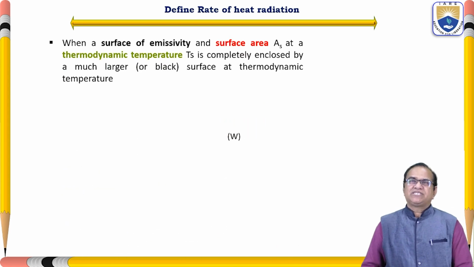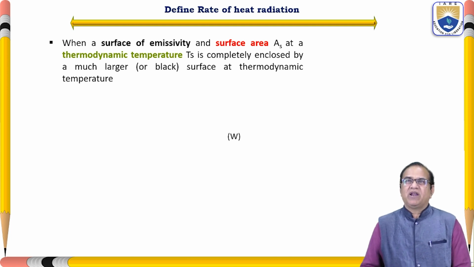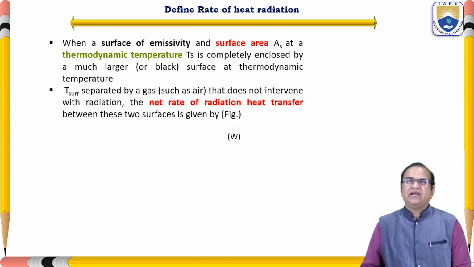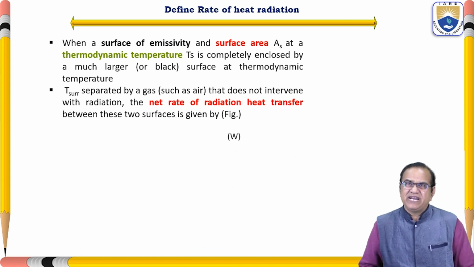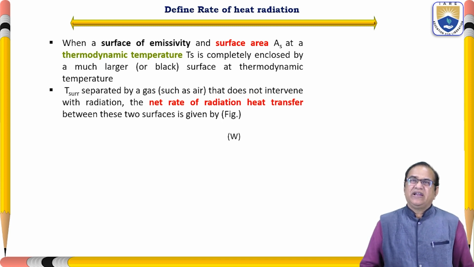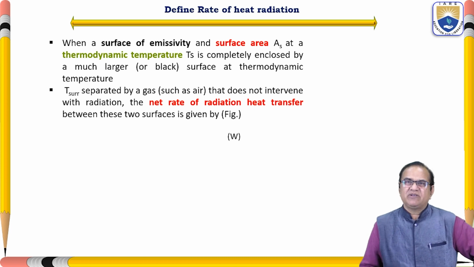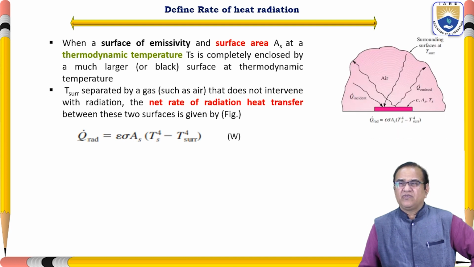When a surface of emissivity epsilon and surface area As at a thermodynamic temperature Ts is completely enclosed by a much larger black surface at thermodynamic temperature T surrounding, separated by a gas such as air that does not intervene with radiation, the net rate of radiation heat transfer between these two surfaces is given by the figure here.